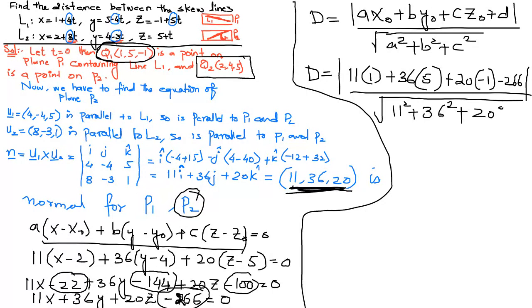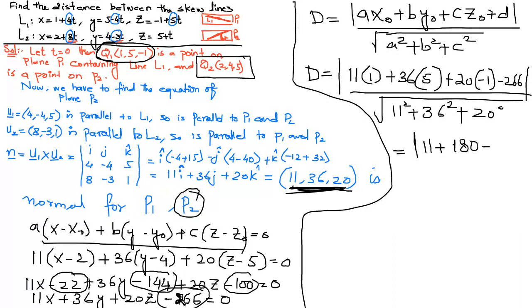Okay, simplify it. 11 multiplied by 1 is 11. 36 multiplied by 5 is 180, I guess. Let me check. Yeah, 180.